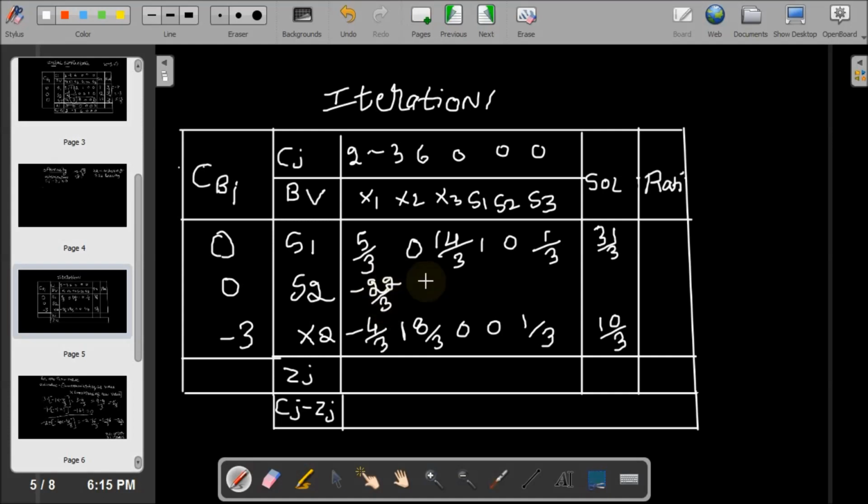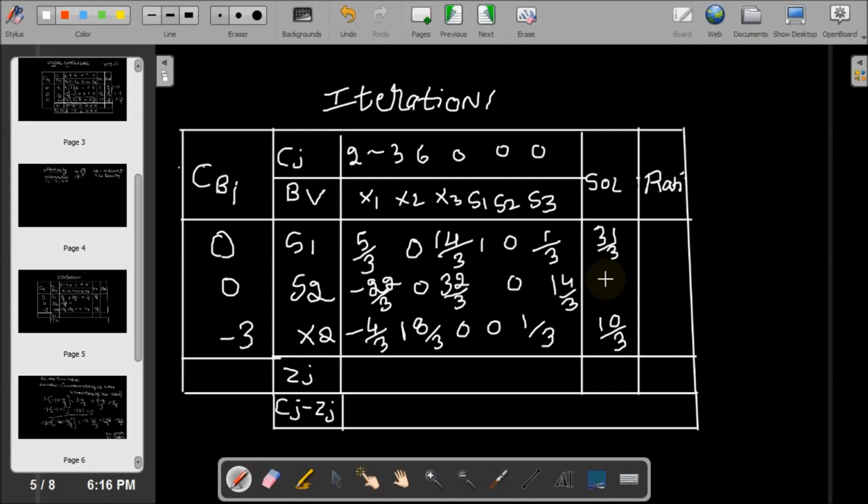So directly you write the other values. 0, 32 by 3, right? 0, 1, 4 by 3. So what is the solution?